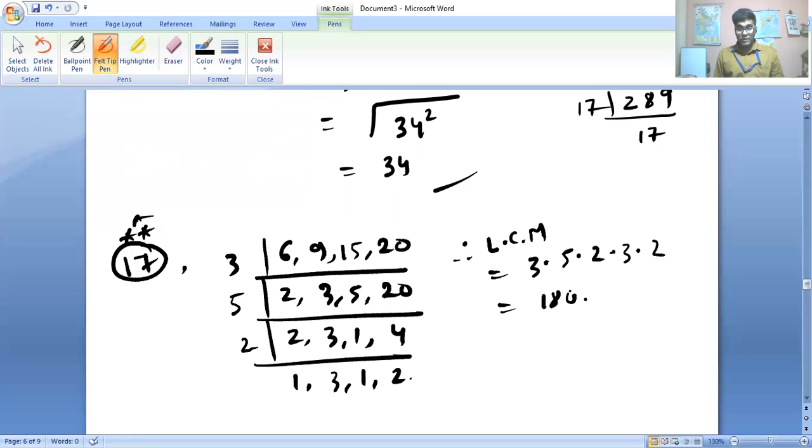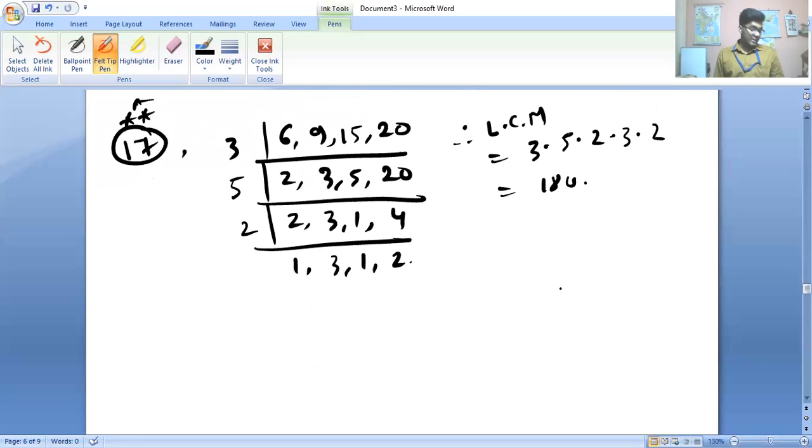So how to make it a perfect square then? The question says find the least square number which is exactly divisible by these. So remember, 180 is exactly divisible by 6, 9, 15, and 20.